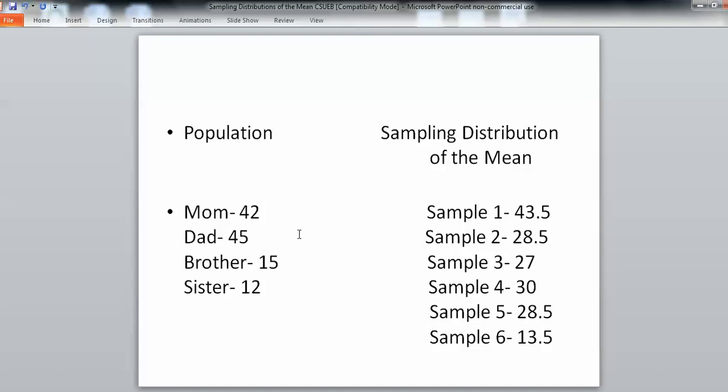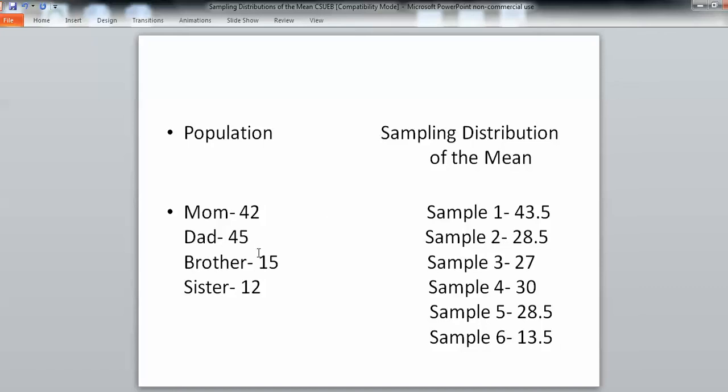And we know that every possible list of numbers has its own shape that can be seen in the histogram. This column of numbers over here is a different set of numbers than this column of numbers over here on the right side, which means that if we created a histogram of the ages of these 4 individual people in the population, we'll end up seeing a different shape in the histogram than if we created a histogram of these 6 possible sample means over here.